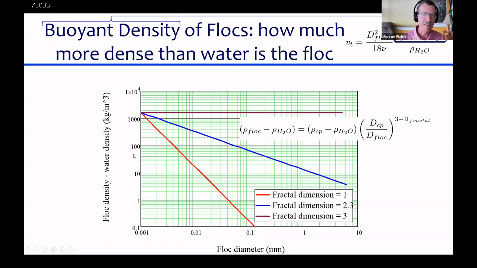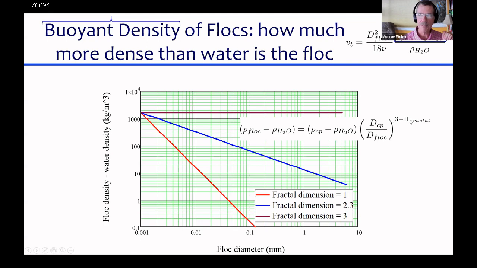And so what I've done is I've plotted the buoyant density of some hypothetical flocks with different fractal dimensions. The one that's really fun is the brown line with the fractal dimension of 3. Look, there's the equation. When the fractal dimension is 3, that term just goes away.